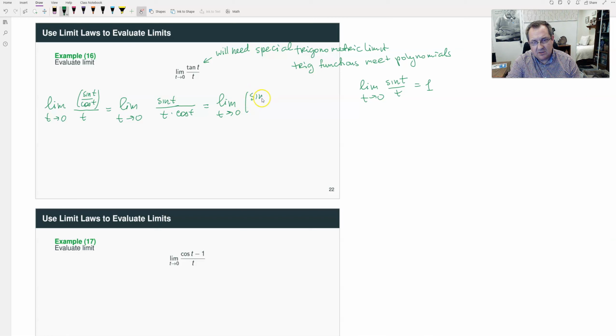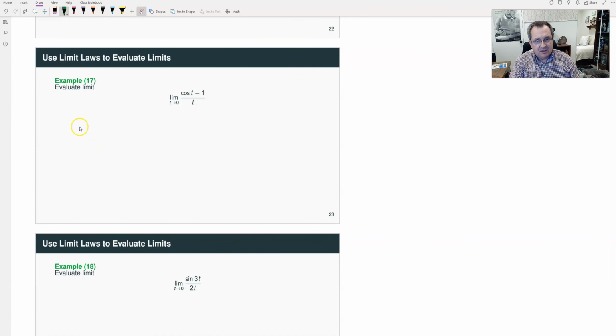The first limit is sine t over t, and the second limit is 1 over cosine t as t goes to 0. The first limit is 1, and the second limit can be replaced with 1 over the limit of cosine t as t goes to 0. So you'll have 1 multiplied by 1 divided by 1, altogether 1.